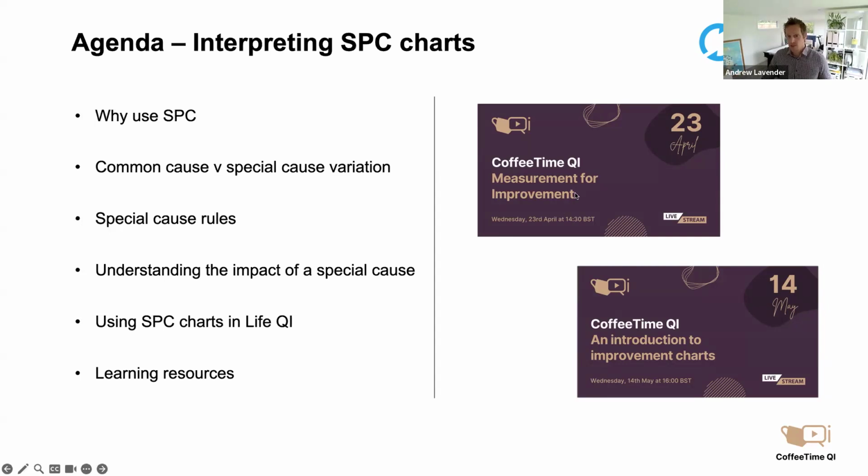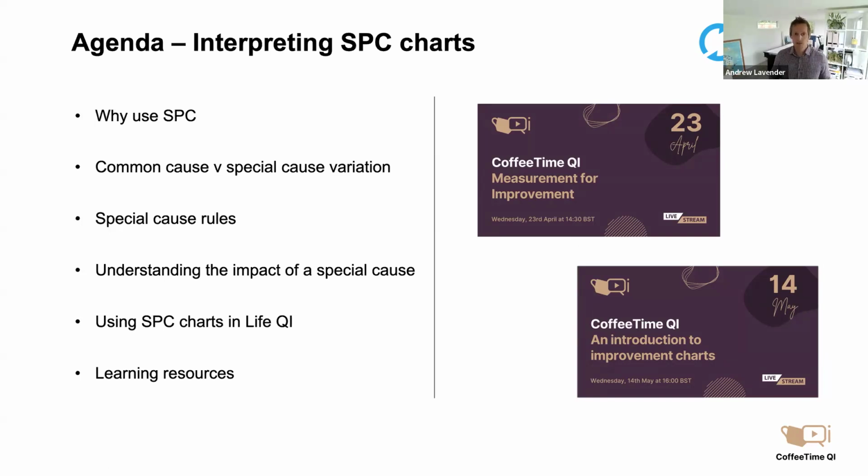We've also got our introduction to improvement charts, where we looked at the charts in a bit more detail, and the differences between different types of chart and how you might use different control charts, for example. Feel free to go and watch those if you haven't seen them already. They're available via our website or on our YouTube channel.